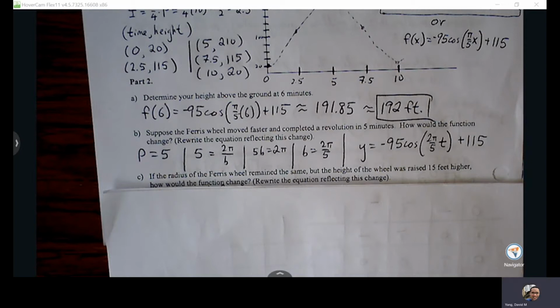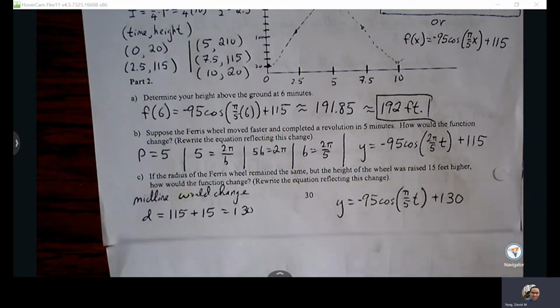What you guys get for C? What would change if the first wheel was raised up? Yeah, the D value would change, right? So instead of plus 115, you'll make it plus 130. Okay.